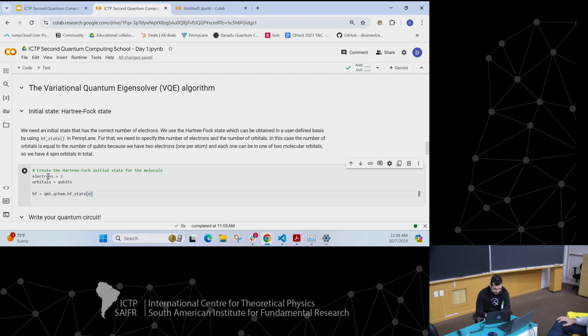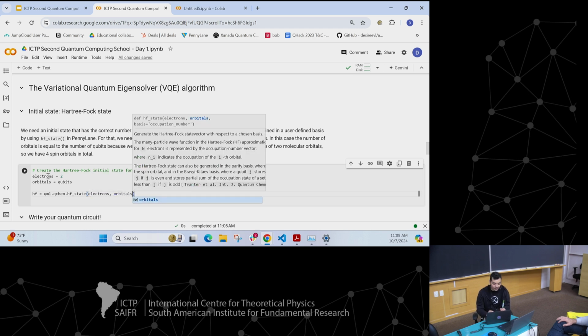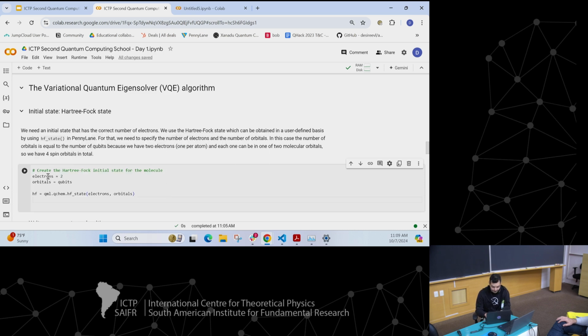By feeding the number of electrons and the orbitals into this Hartree-Fock state function, we can get an idea of what this looks like. What do you think we're going to get as a result? What do you think is going to print out? So what would you expect?